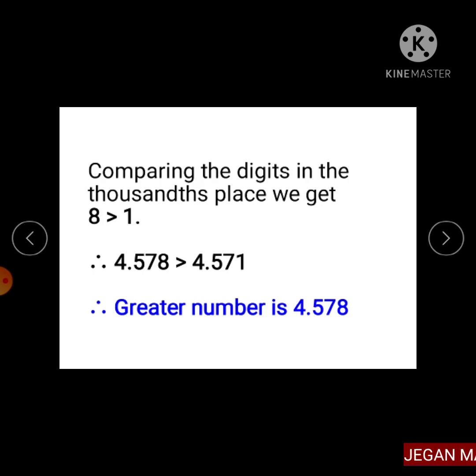Now we compare the digits in the thousandths place, and we get 8 is greater than 1. Therefore, 4.578 is greater than 4.571. So the greater number is 4.578.